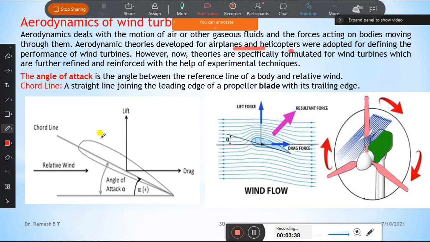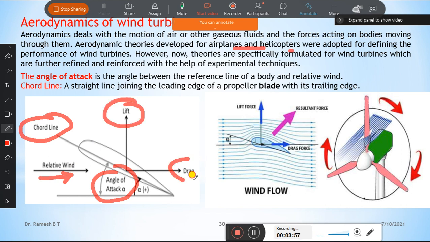This is a typical blade, and it has a chord length and an angle of attack. Because of this, the relative wind strikes the blade and gives two forces, a lift force and a drag force.